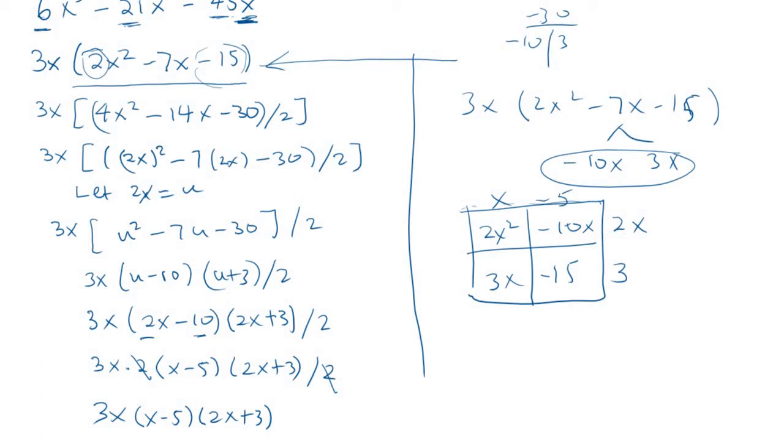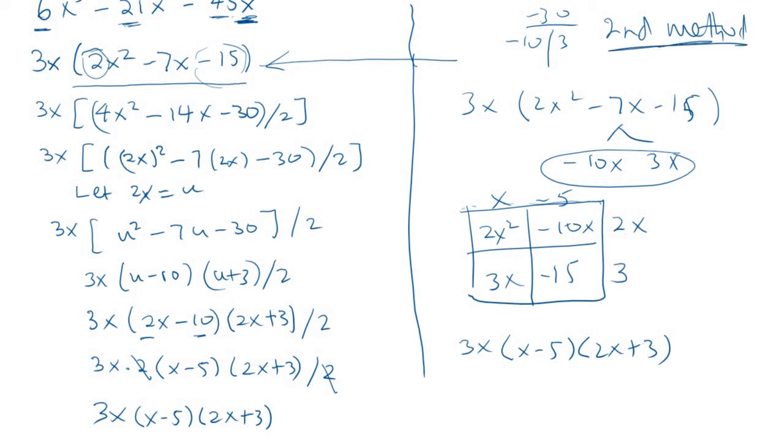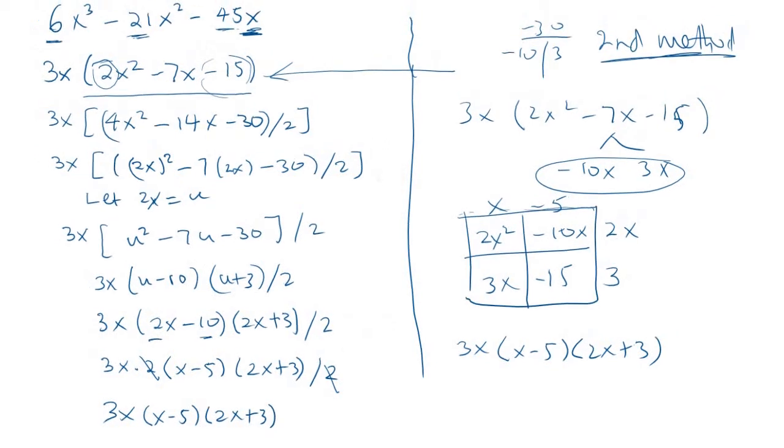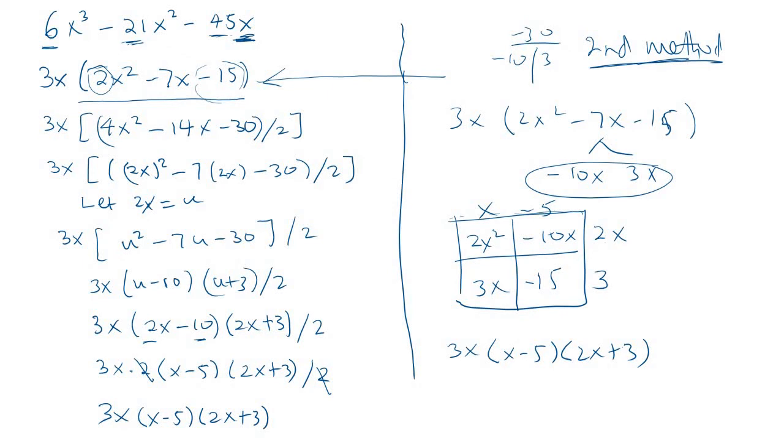And there you have it. It will be 3x times x minus 5 times 2x plus 3. We got the same answer using the two methods. So this is the second method. It's fun to be able to see both methods work. All right, I hope this helps a little bit.